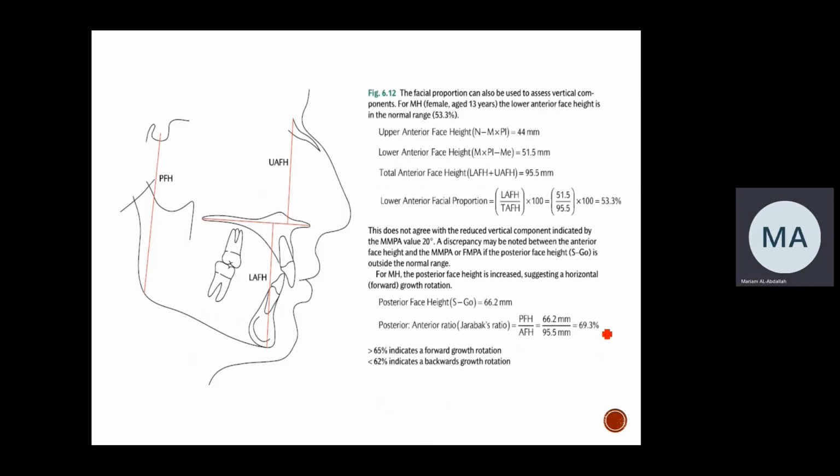And then we have a certain number. More than 65% indicates a forward growth rotation. Less than 62% indicates backward growth rotation. In between indicates average normal growth rotation.